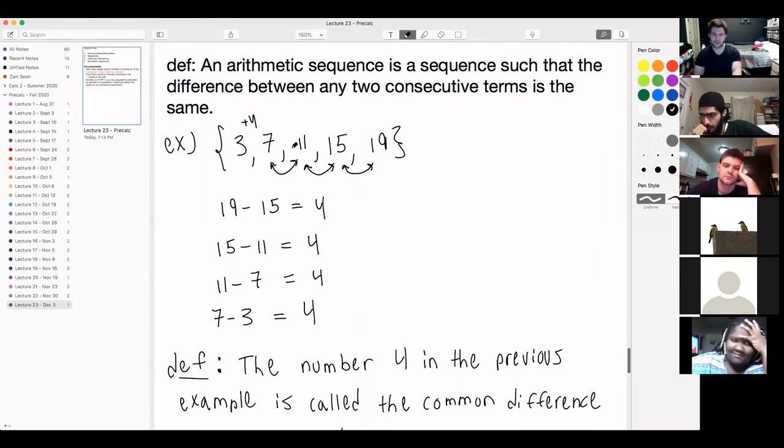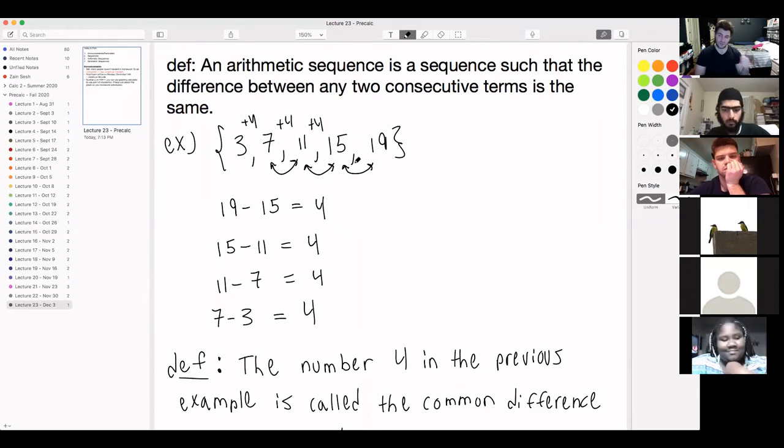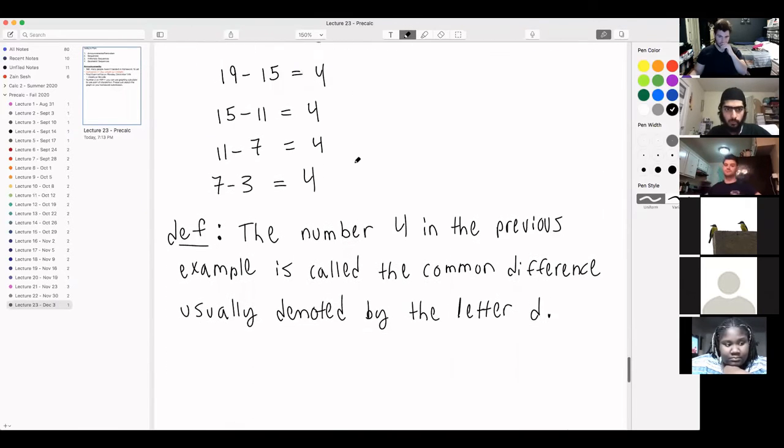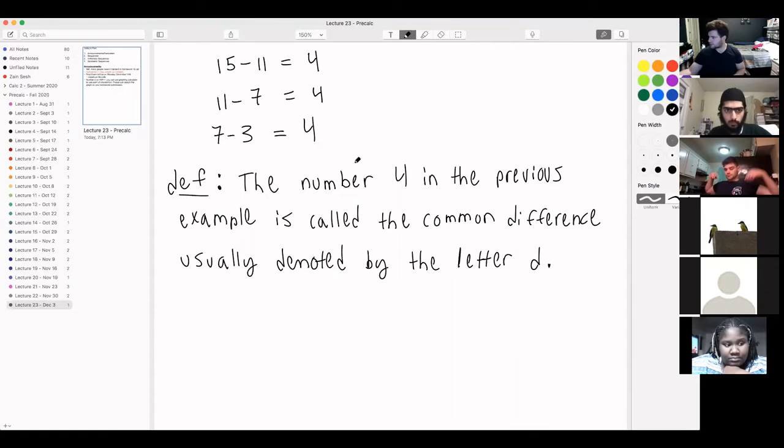It's the same way of saying it, right? To get from this term to this term, you add 4. To get from this term to this term, you add 4, and so on. So you can think of it as just adding the same number to get the next term. Okay, very good.